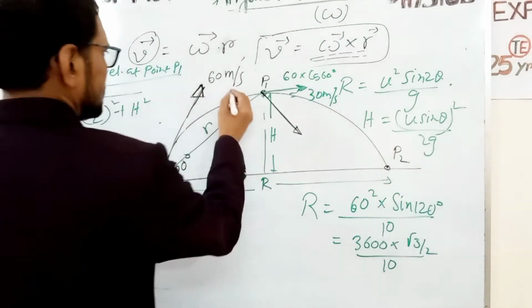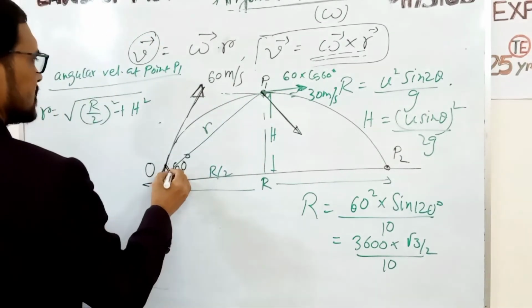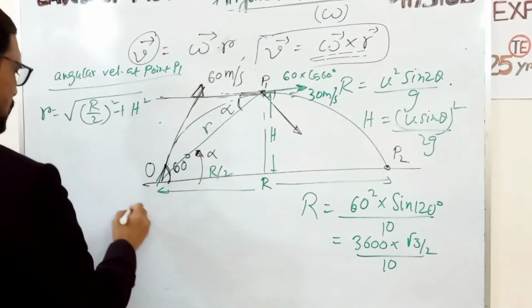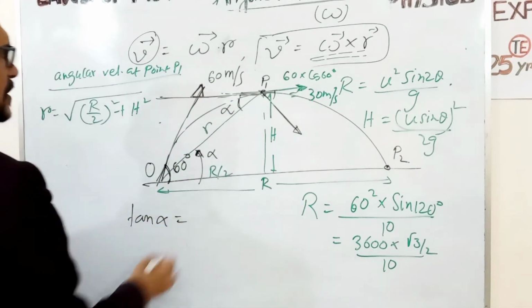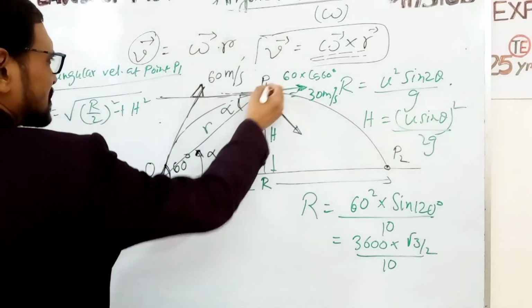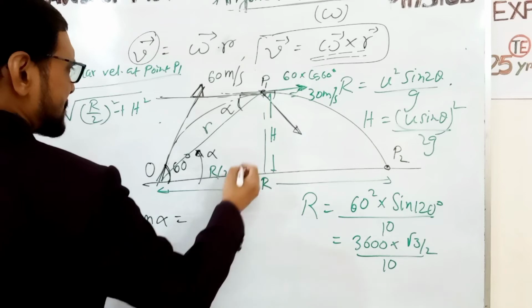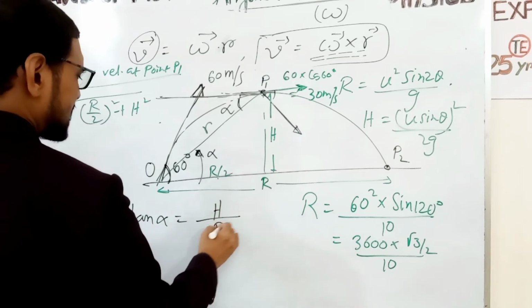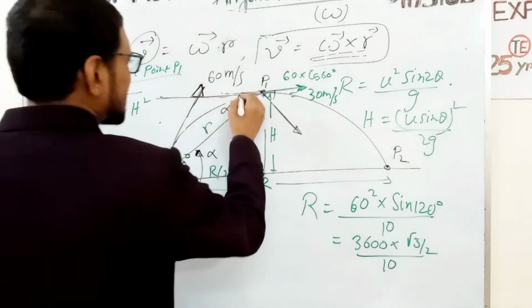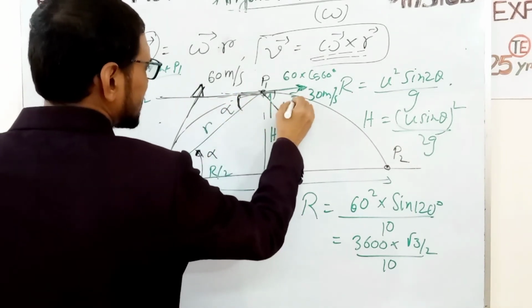Now to find this angle alpha, we take tan alpha equal to perpendicular h by distance r by 2. So from this we get alpha. If this angle is alpha, then we get 180 minus alpha.